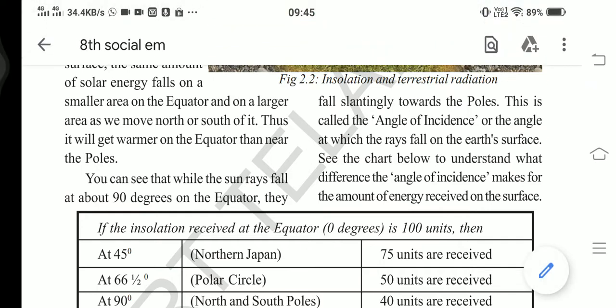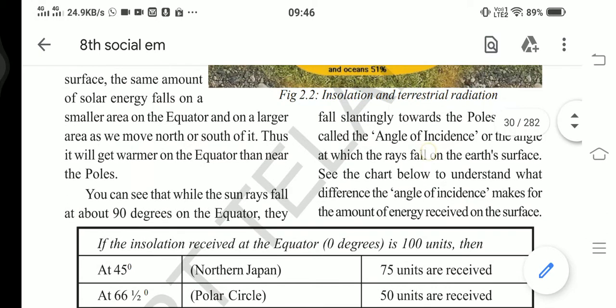One thing, Earth is spherical in shape, and it is rotating and revolving. In its rotation, it is tilted at 23 and a half degrees, so that on certain parts of the Earth's surface the sun rays fall diagonally, that means slantly, not vertically.